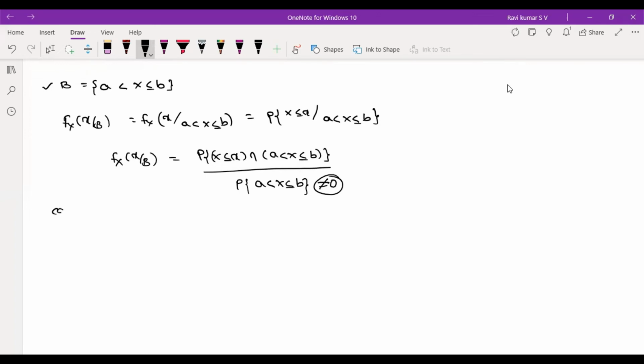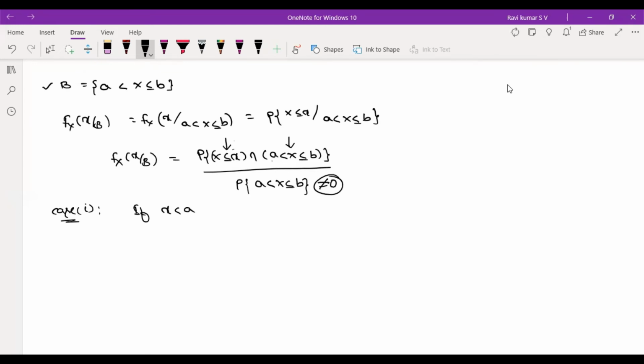So I'm taking case 1 here. So if x is less than a, if you observe the events X less than or equal to x and a less than X less than or equal to b, this event is from a to b and this is up to x. Now x is less than a, so this is one event and this is one event, and there are no common elements between the two events.